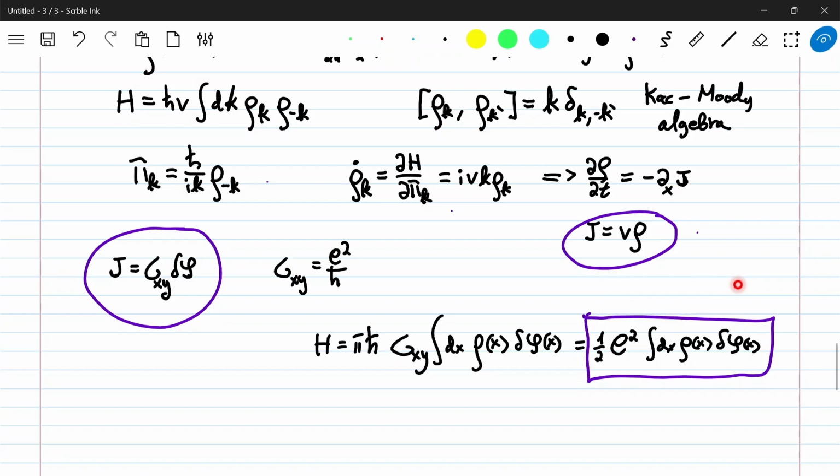And now I want to impose it for the fractional case, where the only thing that changes is the value of sigma xy. Okay? So I'm going to retract my steps to the original Hamiltonian, the way it's written in terms of rho, by starting from this final stage. Okay?